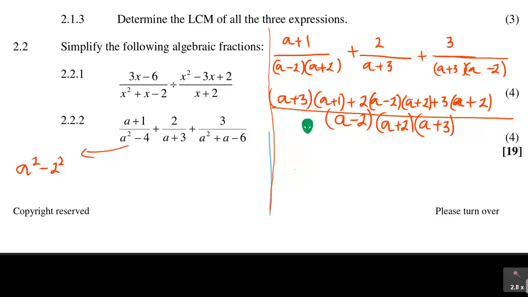Then at that stage, you need to open the brackets. It's a bit long, but it's worth it. Now a times a is a squared, a times 1 is a, 3 times a is 3a, 3 times 1 is 3. You need to know how to expand, plus 2. Now remember, a minus 2 a plus 2 is that, which is a squared minus 4.